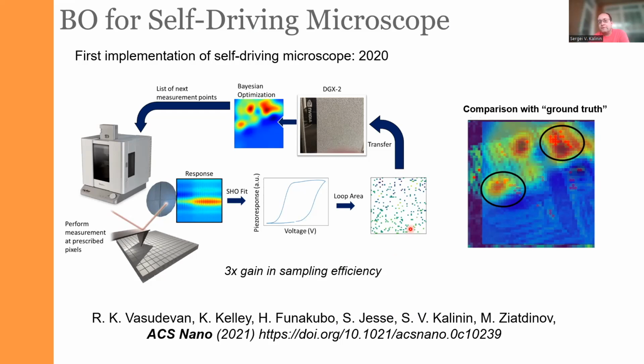But then COVID restrictions became easier, and Rama got back to the CNMS and they implemented this early version of Bayesian optimization on one of the Cypher microscopes. Let's not go into the technical details, because at that time it was exceptionally difficult.